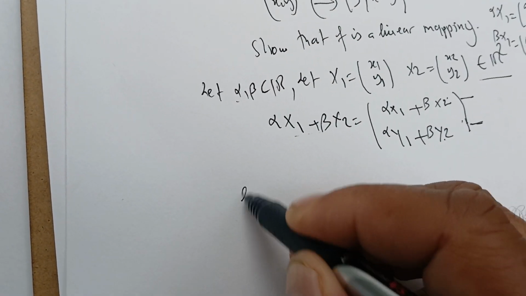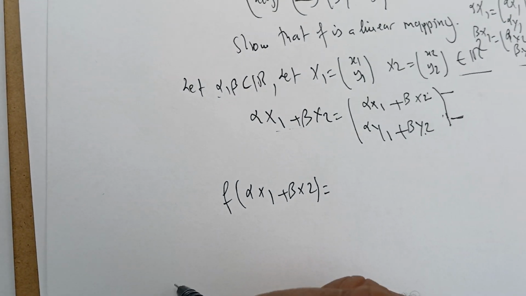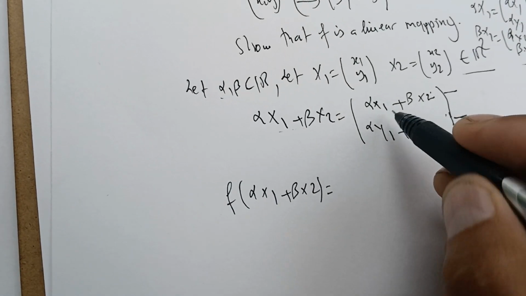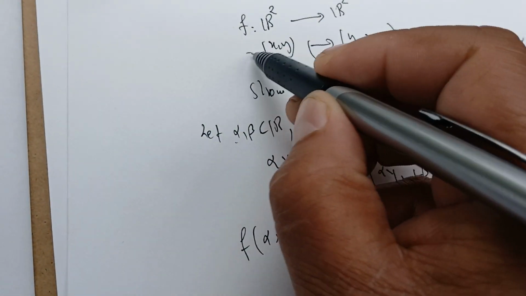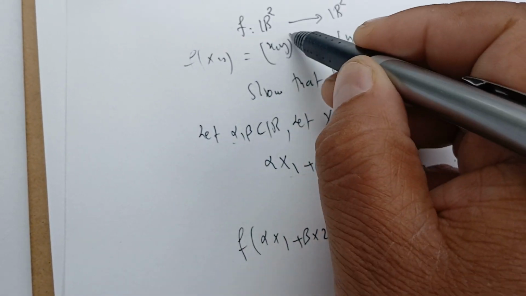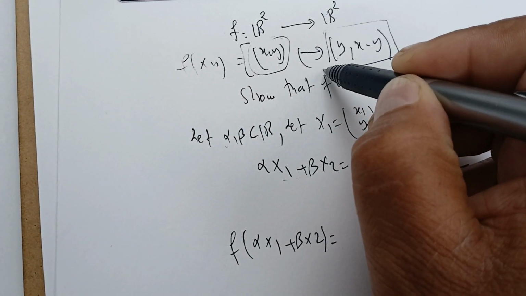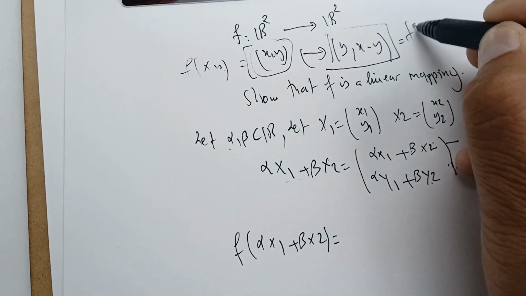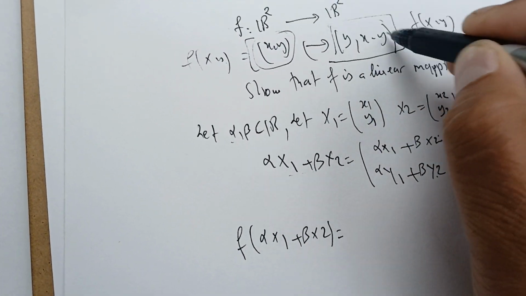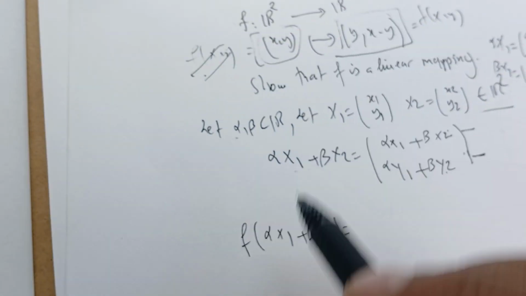Let's see. We have f of αx1 + βx2. Recall that f(x, y) is given by (y, x − y).